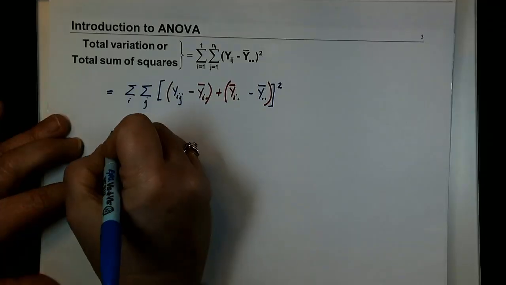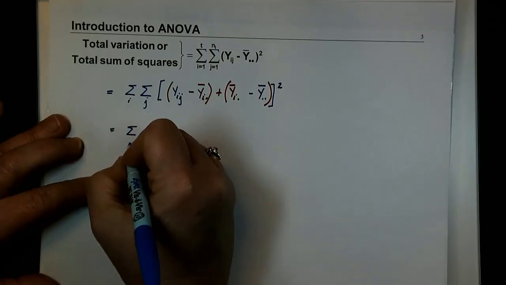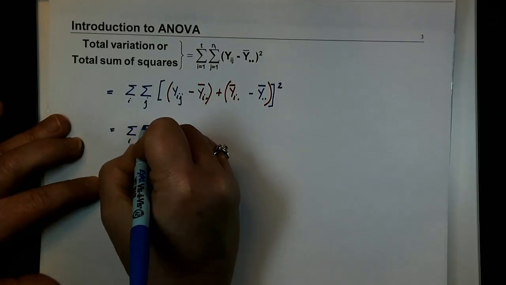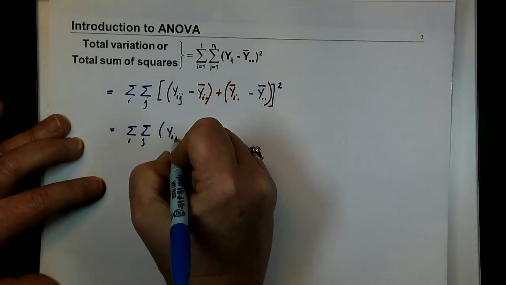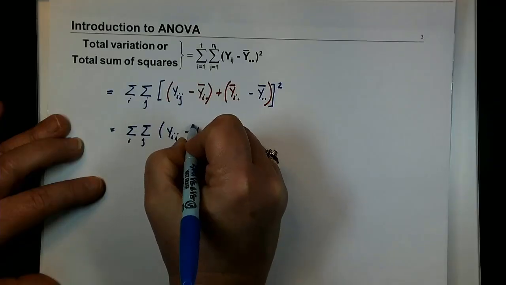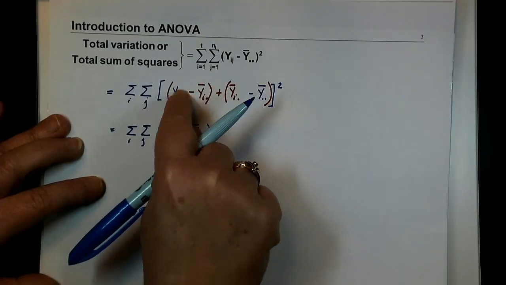So this is equal to the sum across i and j of this first term, (y_ij minus y_i dot bar) quantity squared, so that's squaring this one.